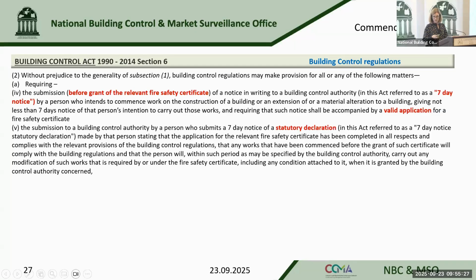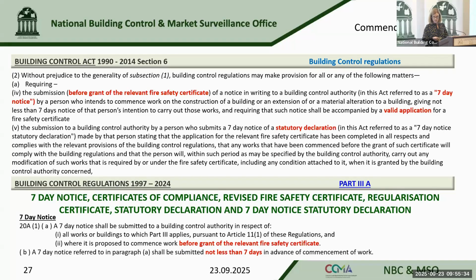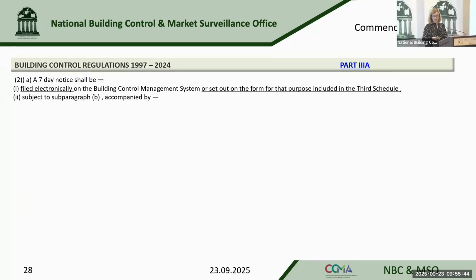And these are provided for in Part 3A. So the 7-day notice, as I said, submitted to the Building Control Authority in respect of all works to which Part 3 applies, so the fire safety certificate, before it's granted and not less than 7 days before you intend to commence. And that's Article 20A. Goes on similarly to say filed electronically on the Building Control Management System or set out as per the third schedule.